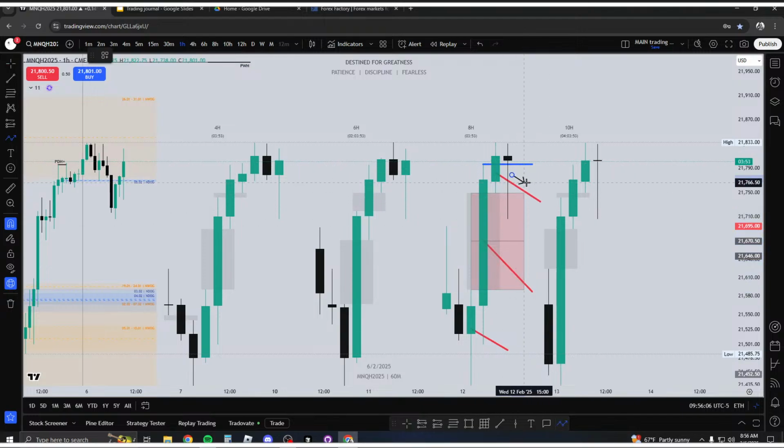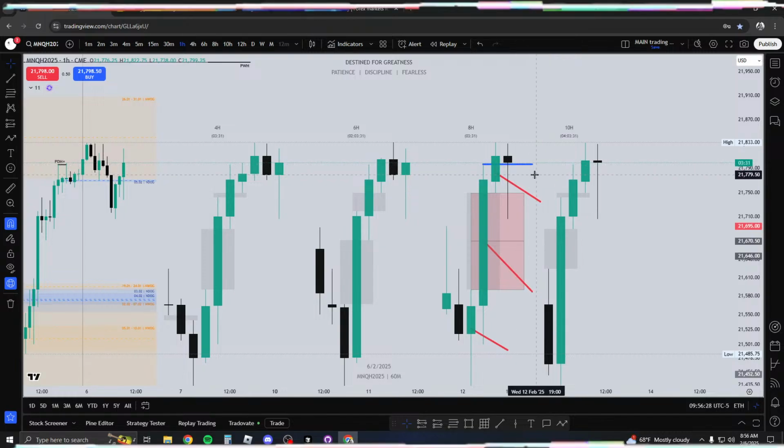So if we close somewhere here, right? And on the next 8-hour candle, I could anticipate for us to rebalance this inefficiency once again. That's what I would anticipate if we close below this blue line.